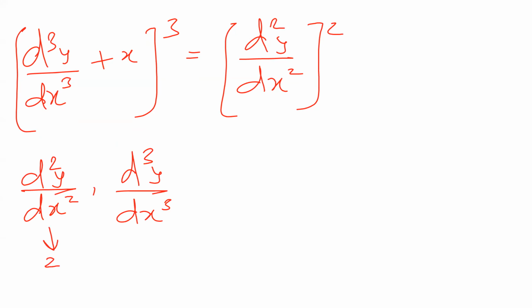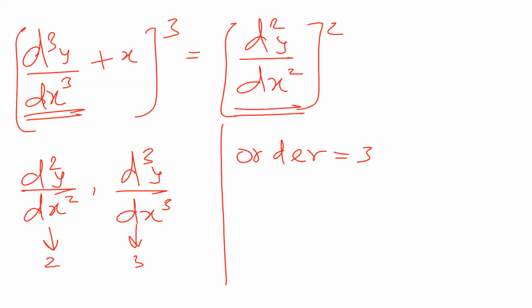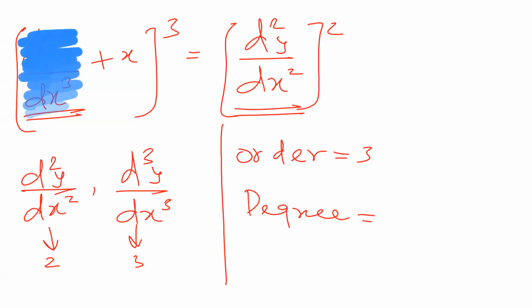So this is the second order derivative, and we also have the third order derivative. So there are two orders in the problem, second order and third order. The maximum order is 3. Now look at this, the maximum order is over here, and its power is 3, so the degree becomes 3. Fine.